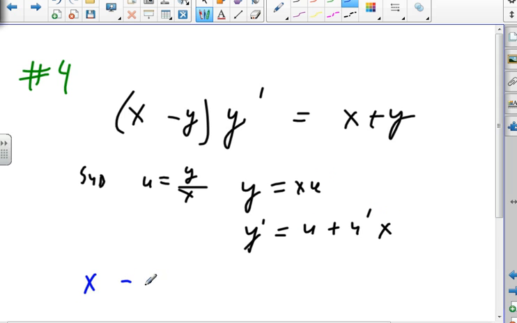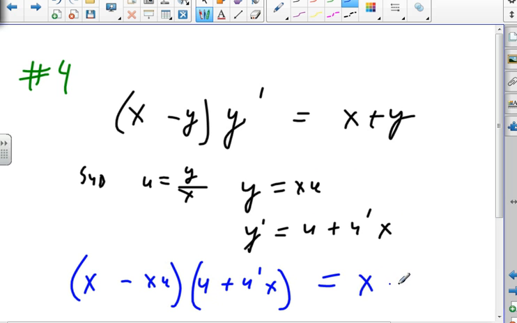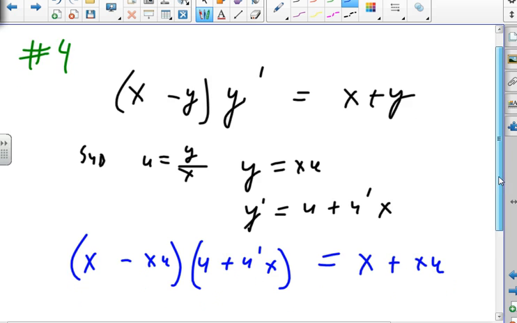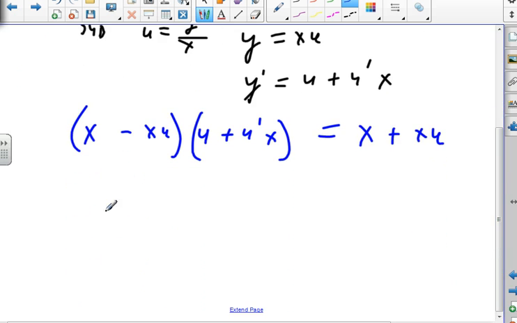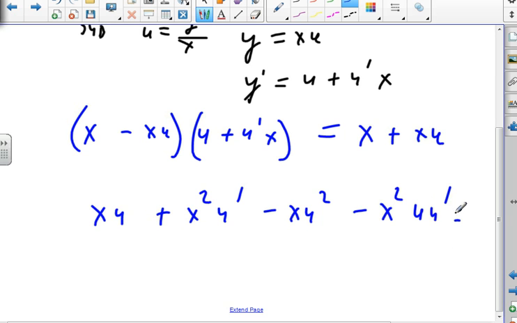x minus xu times u plus u prime x is equal to x plus xu. Okay, looks like I've got xu plus x squared u prime minus xu squared minus x squared u prime is equal to x plus xu.